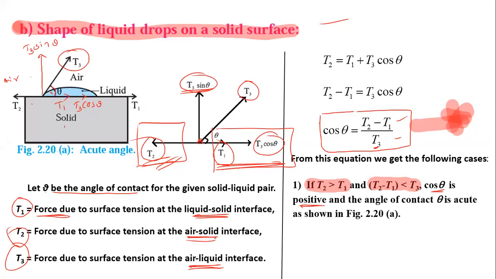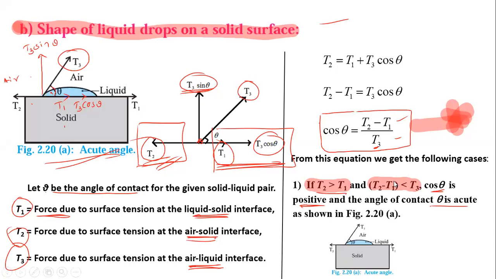So if T2 is greater than T1, the angle of contact is acute. And if it is acute, you get this type of surface. You can see this diagram, you get this type of shape of the liquid drop.